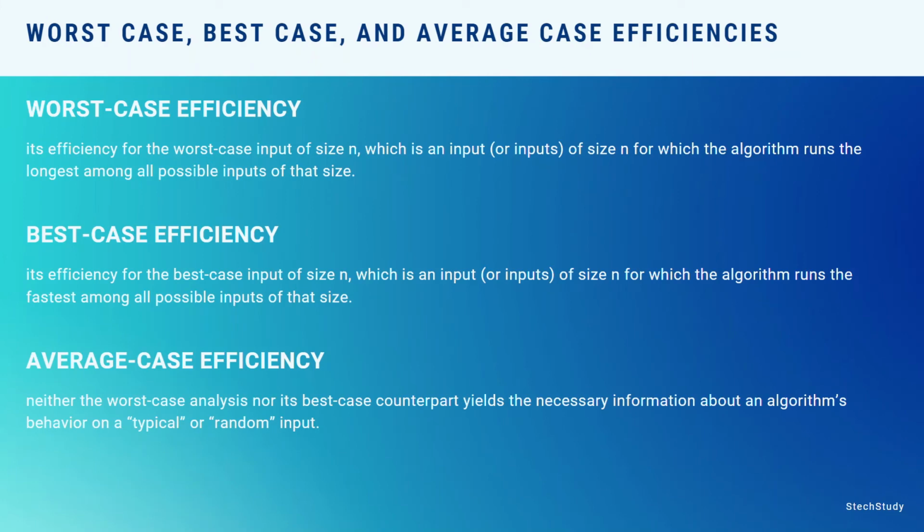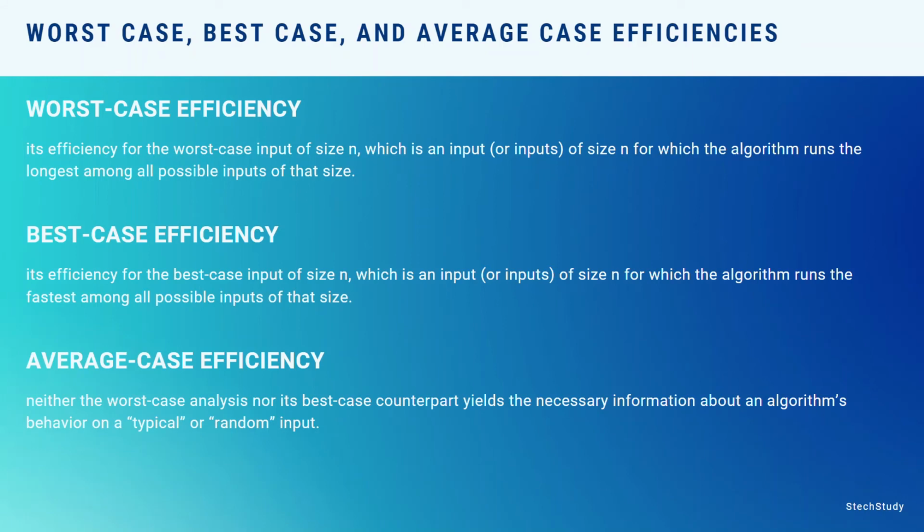Next, we see worst case, best case and average case efficiencies. The running time of an algorithm can be different for the same input size n. So, worst case efficiency is the algorithm's efficiency for the worst case input of size n, which is an input of size n for which the algorithm runs longest among all possible inputs of that size.